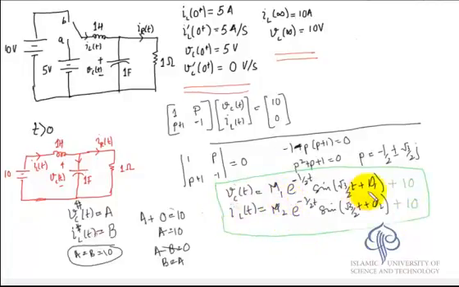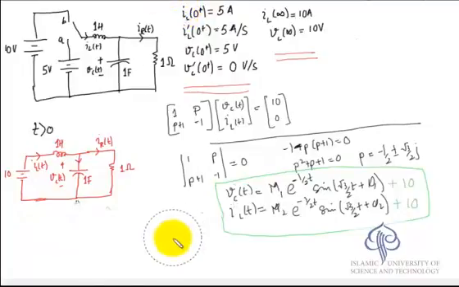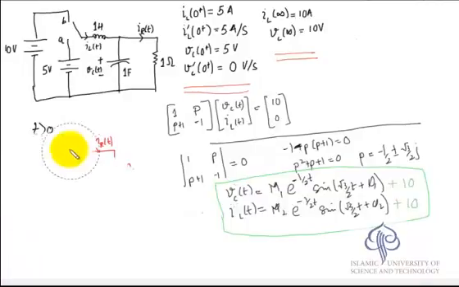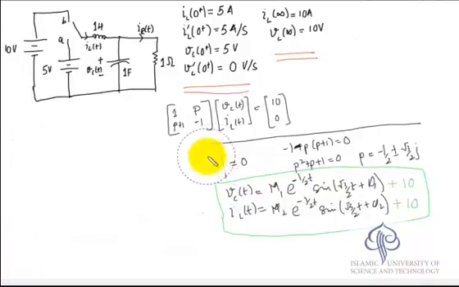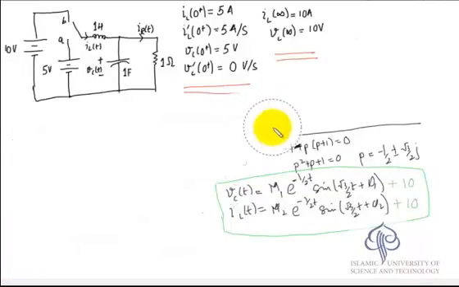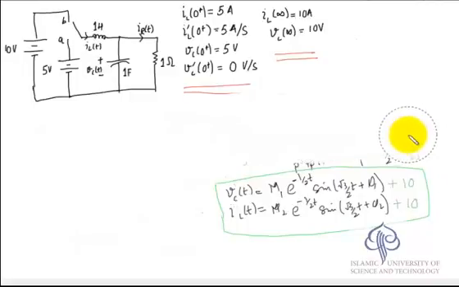Now we have to find M1 and phi 1, M2 and phi 2. This information is obtained by substituting for the initial conditions. So now let us substitute the initial conditions.